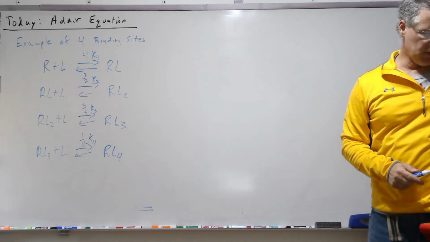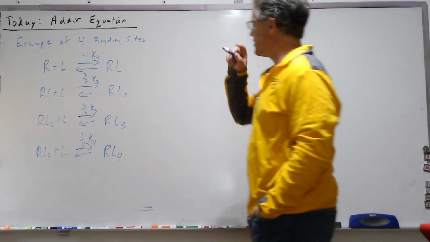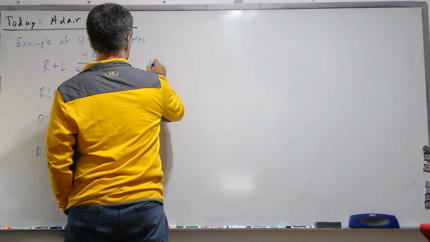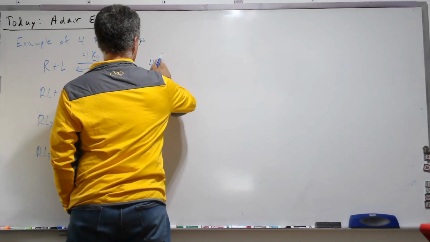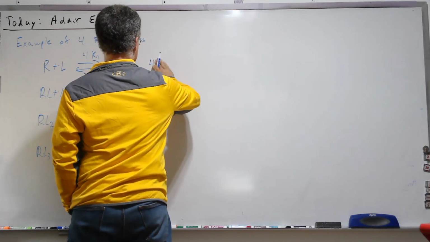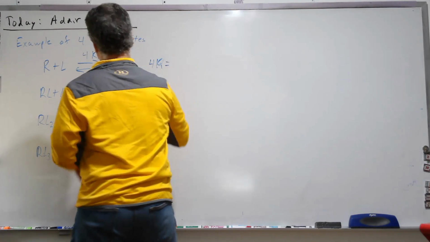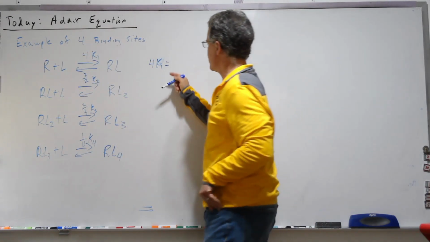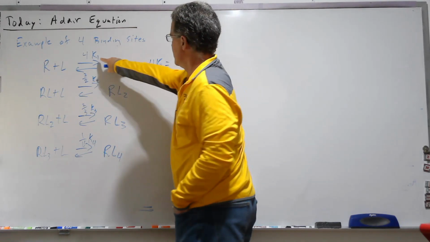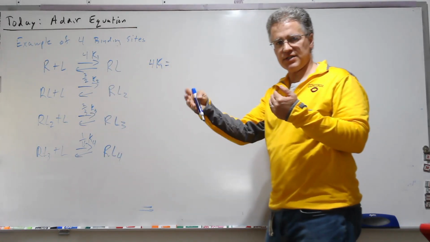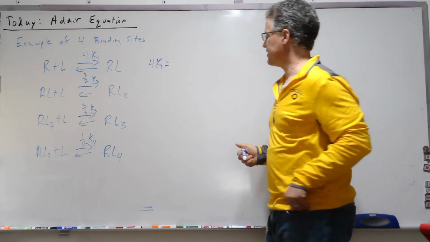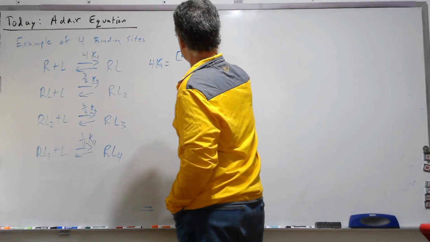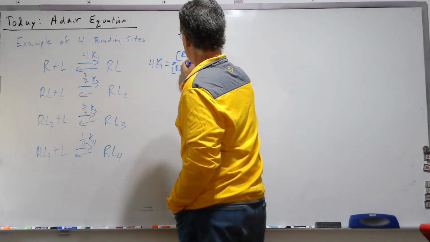Now let's set up the equilibrium constants. So here we have 4K1. And so this whole thing is the equilibrium constant, the statistical factor and the actual equilibrium constant for a single binding site, the statistical 4 in this case. And so that's RL over RL.